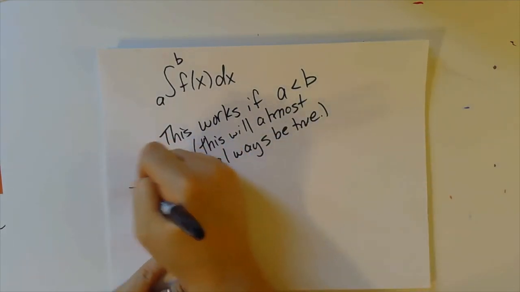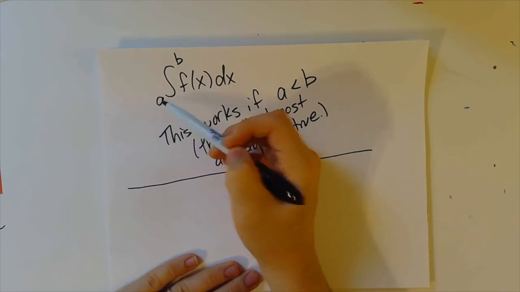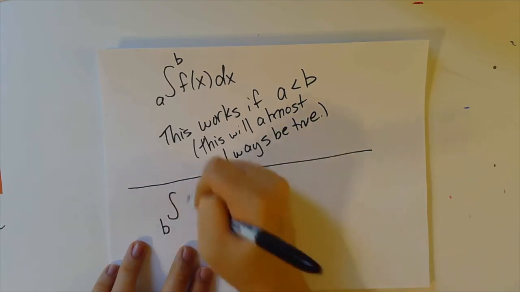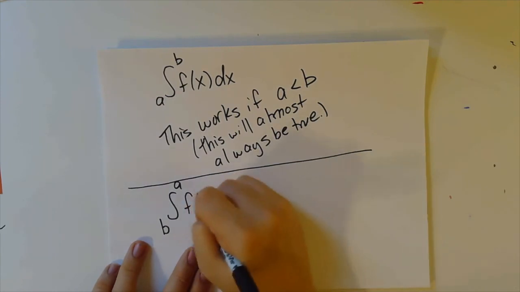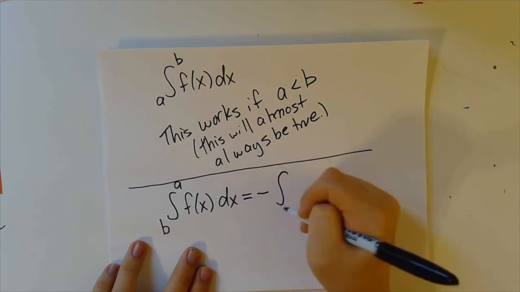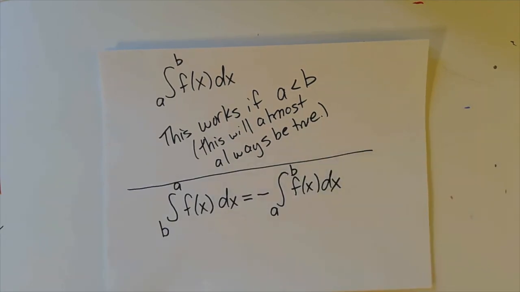If your lower limit is actually the bigger one, then you can use the following helpful trick: if your integral goes from b to a instead of a to b, that's exactly the same thing as taking the negative of the integral going the correct way. So just do everything we've done so far exactly the same, but then multiply your answer by -1 at the end.